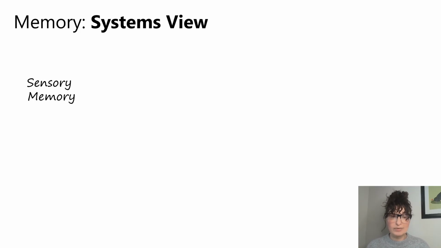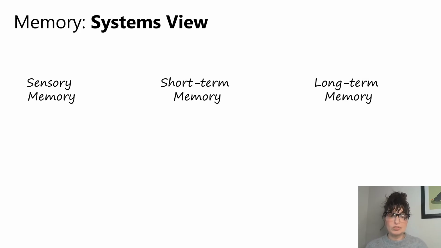So we will talk about the three major memory systems: sensory memory, short-term memory, and then long-term memory. Sensory memory, we're really going to focus on iconic memory. Researchers know a little bit about echoic memory, but presumably there's a memory store, or a sensory memory store, for each one of the sensory modalities. It's just really hard to study them in the other domains.